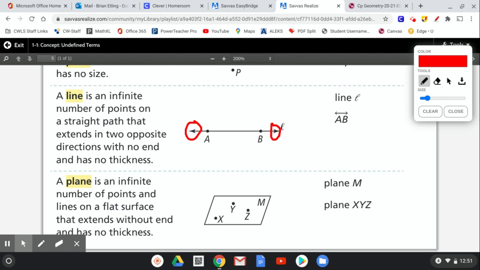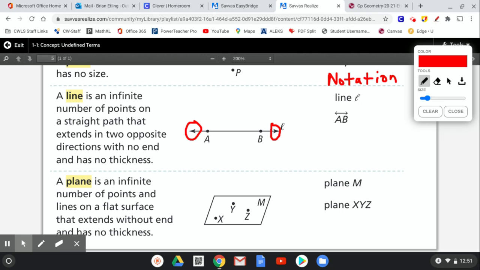In our notation, the second way to identify this line is with these two arrows, which tell us it goes in both directions forever. We use that when we draw the line, and also when we name the line. If you notice, there are only two points on this line.